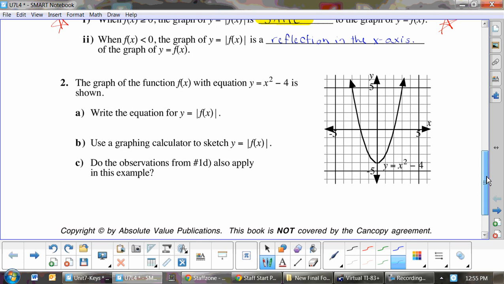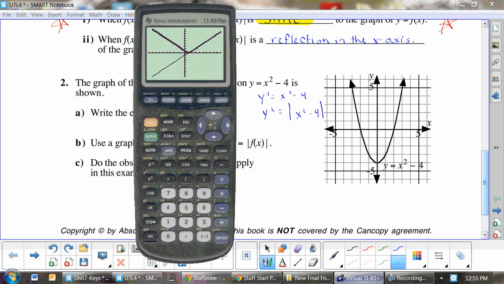So if we go down to this one, this time in our calculators, I want y1 is equal to x squared minus 4, and y2 is equal to the absolute value of that. Okay.